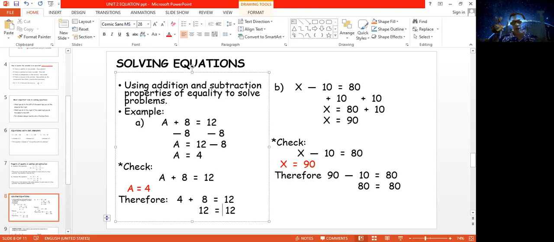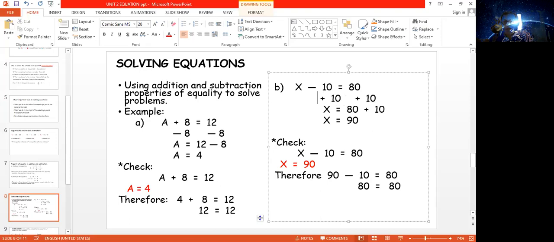Okay, so now let's go with the next example here. We have x minus 10 is equal to 80. As we can see here, we have subtraction. So to isolate our variable, we do the opposite. We have subtraction, so we add.